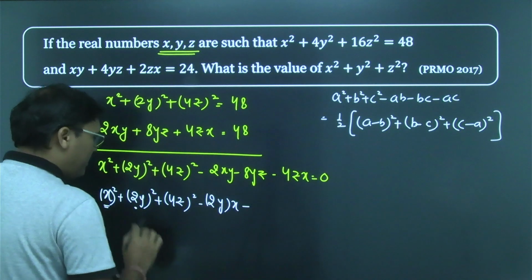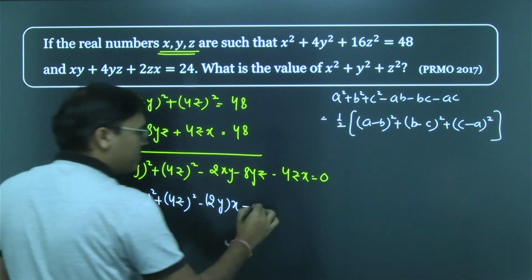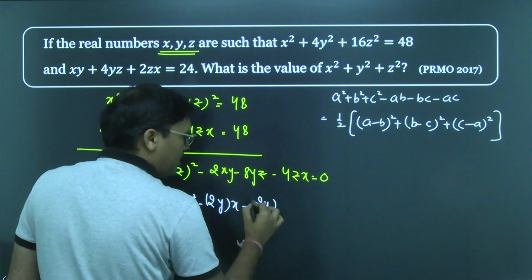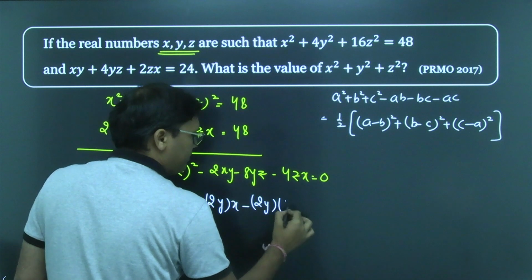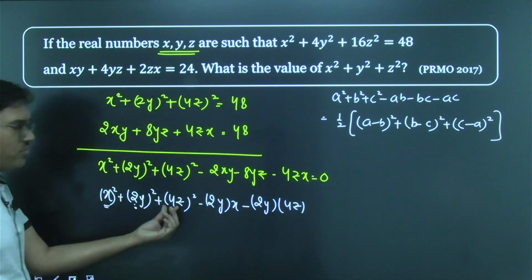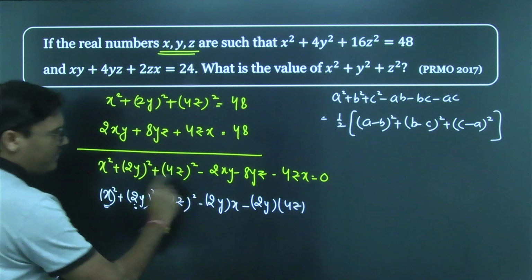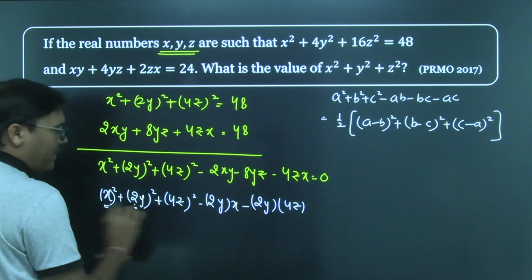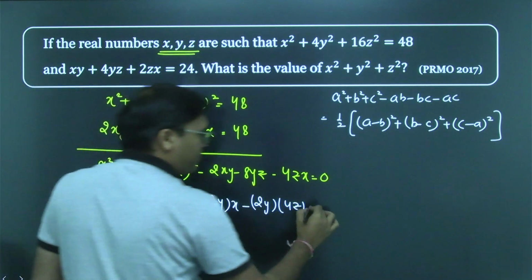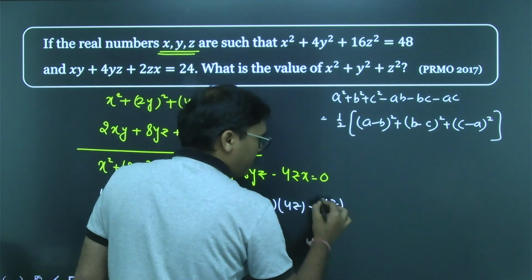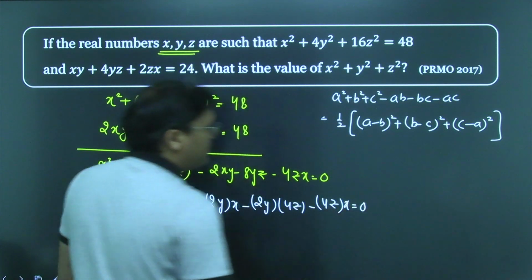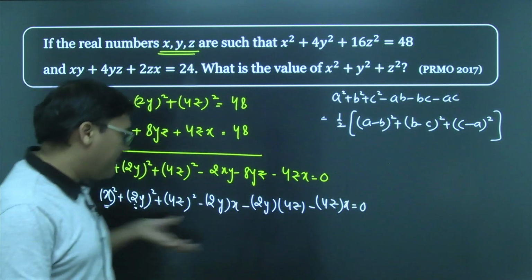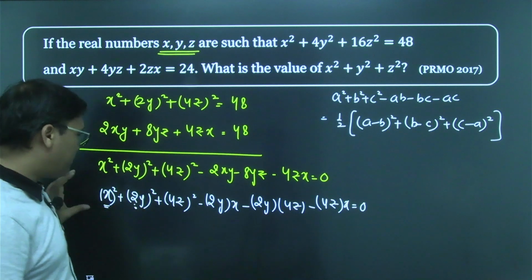Again minus b into c, this is 2y into 4z. And you can see this is 4z into x. So this is the important step to understand, to analyze this. It is important to observe this.